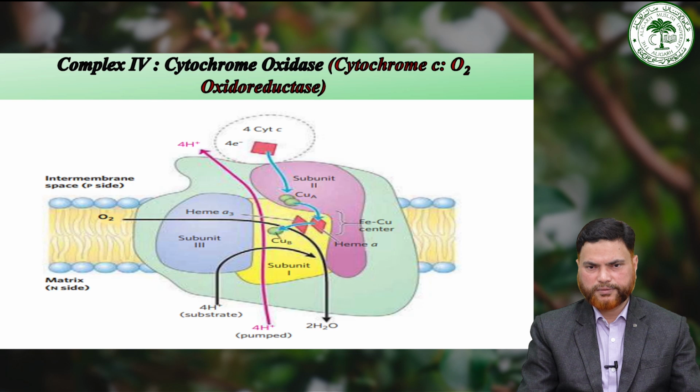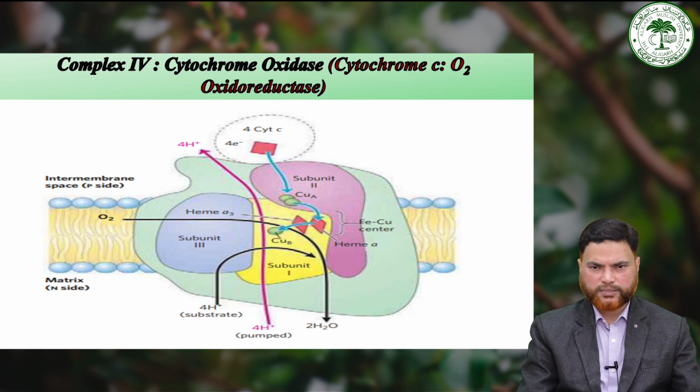Copper A contains 2 copper ions linked by 2 bridging cysteine residues. The second copper center is copper B, which is coordinated by 3 histidine residues. These subunits work together to facilitate the transfer of electrons from cytochrome C to molecular oxygen, as you see here.